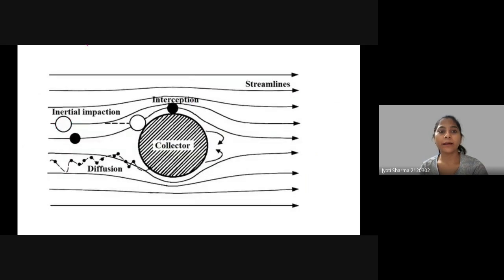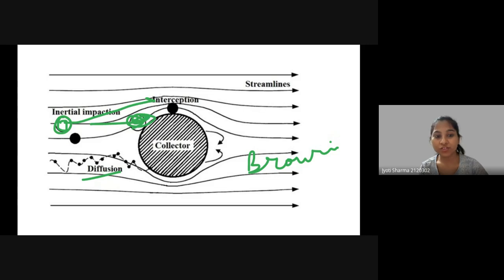And we have already learned about different mechanisms of deposition. The one is inertial. Because this is the large mass, this will not change the direction. This will go straight to the collector and it will be deposited. If we have small size particles, then there may be diffusion, Brownian diffusion, you can say. If the size is not the same as inertial but a little smaller than inertial, we have interception.